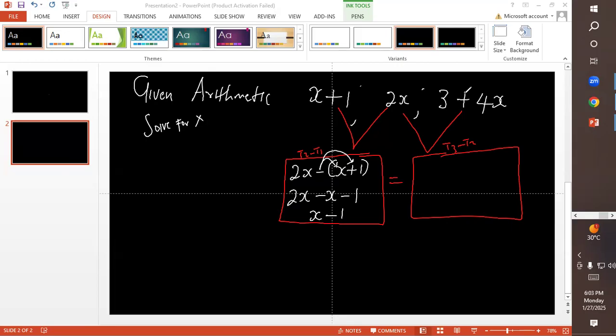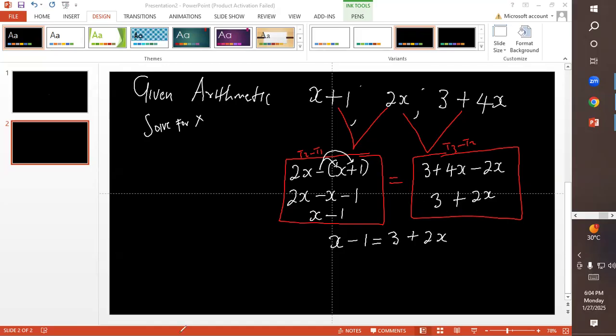So what is term 3 minus term 2? Term 3 is 3 plus 4x, and I'm subtracting term 2, which is 2x. So 4x minus 2x is 2x, and term 3 minus term 2 is 3 plus 2x. According to the definition, they must be equal: x minus 1 equals 3 plus 2x.